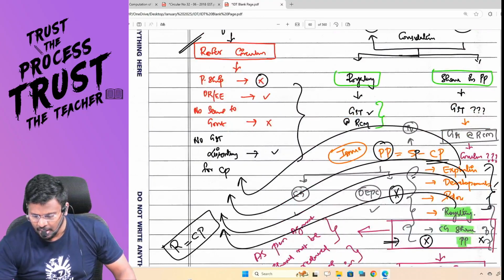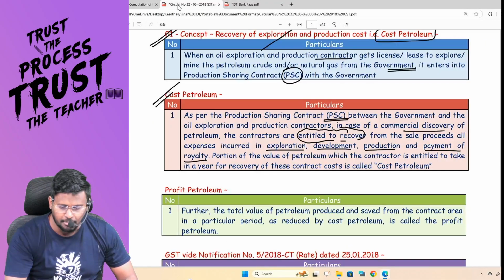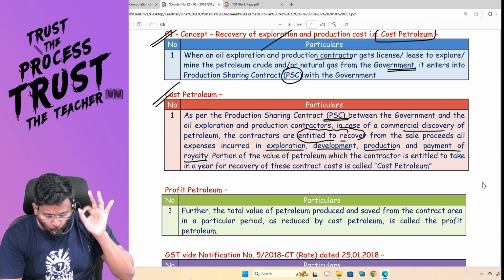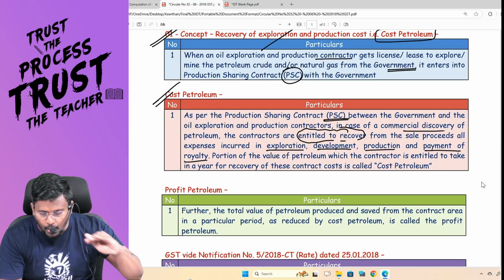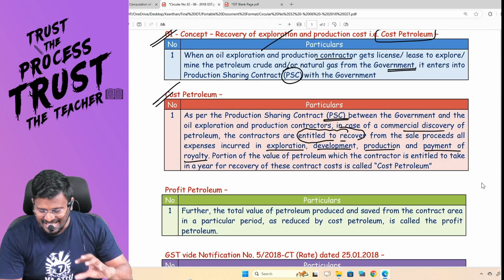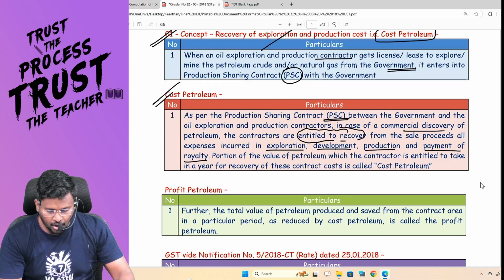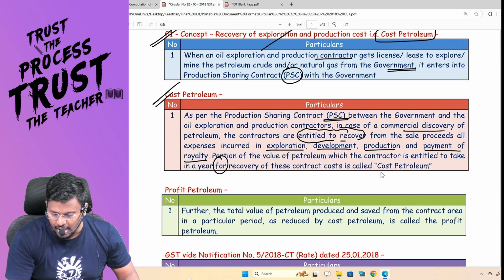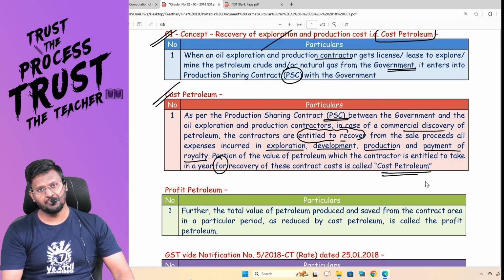This is what I've written here: exploration, development, production, and royalty, my dear lovable students. The portion of the value of petroleum which the contractor is entitled to take in a year for recovery of this contract cost is called cost petroleum.